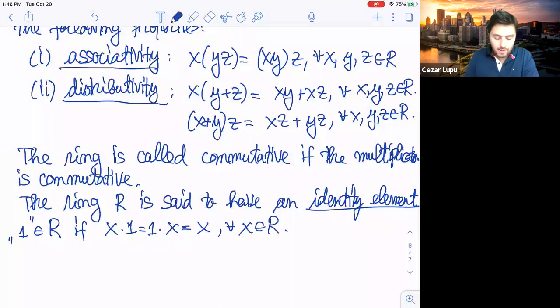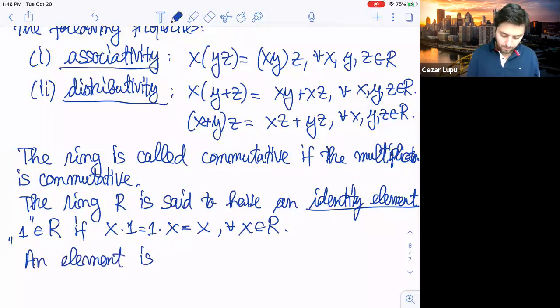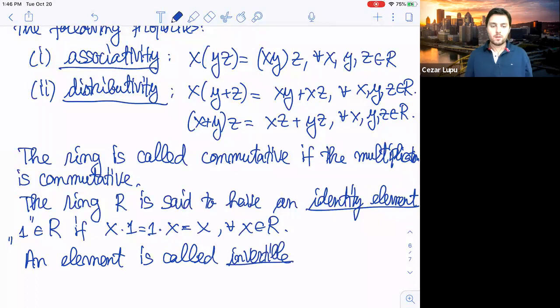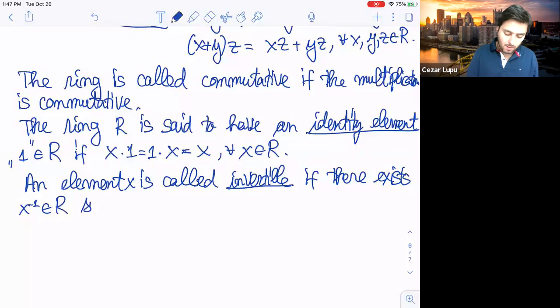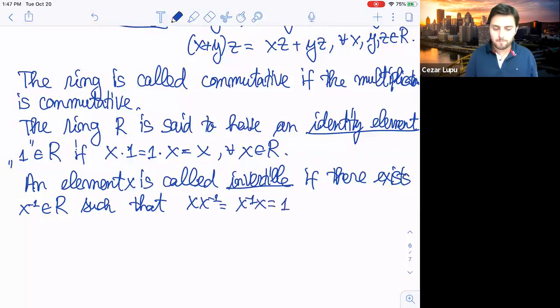And an element is called invertible. Right? So an element, let's say x, is called invertible if there exists x inverse in R such that x x inverse is the same as x inverse x and is the identity.